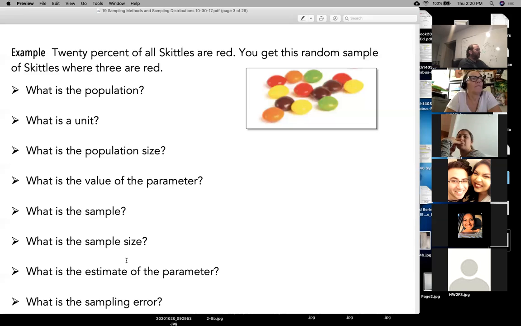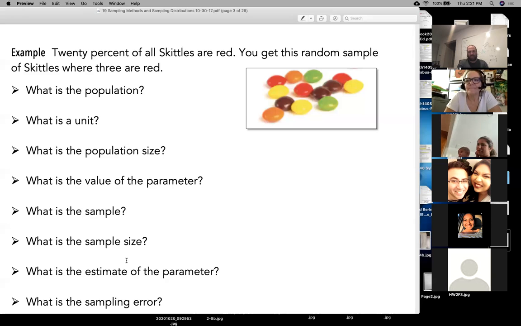What is the population of the study? No, not numbers. The population is not a number. Population is a collection. What is the population? Skittles. Sorry. Wow, you're just changing candy on me right now, huh? The population is all Skittles in existence.